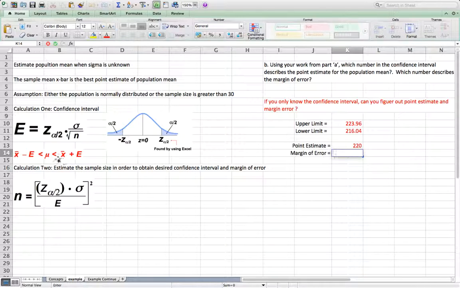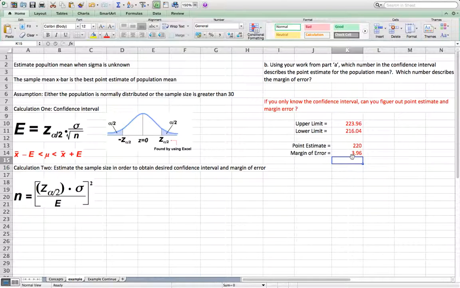Then the margin of error. The confidence interval's total length is 2 times the margin of error. So the margin of error is half of the confidence interval length. That is the upper limit, in K10, minus the lower limit, K11, then divided by 2. So that's your margin of error.